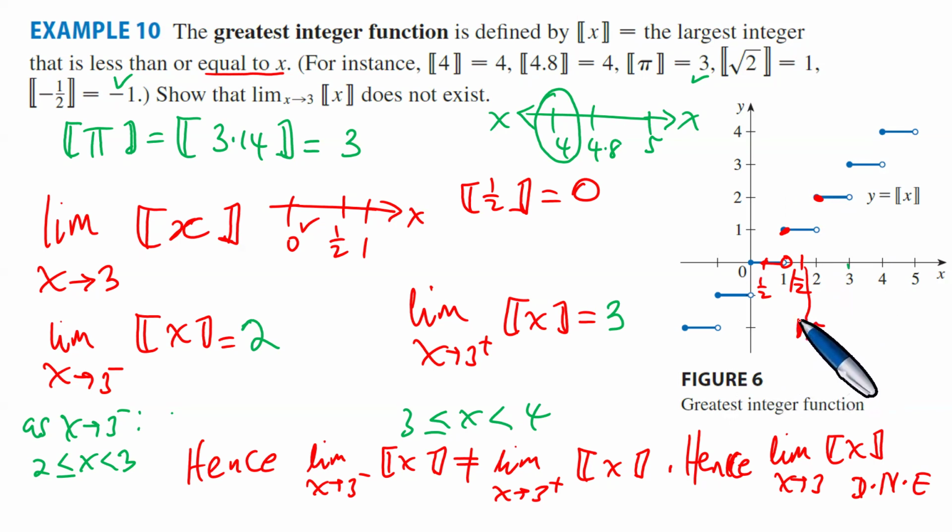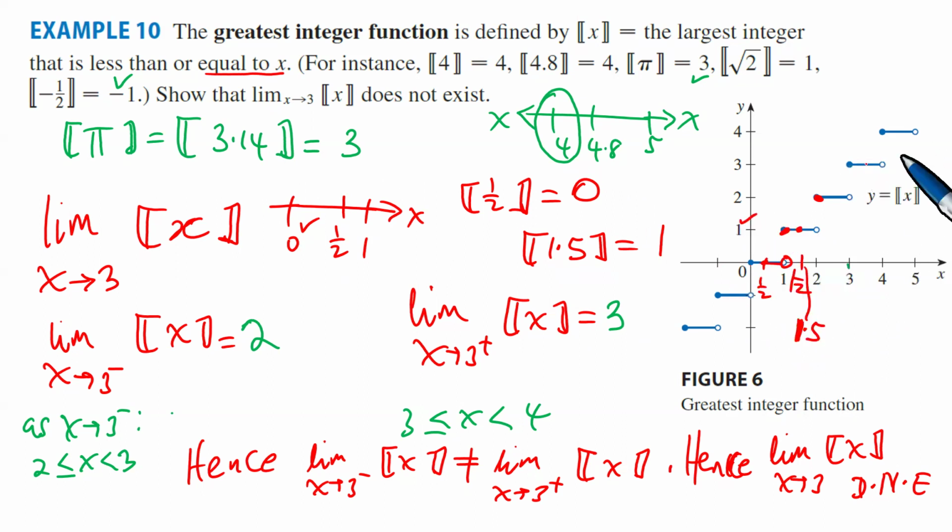At 1.5, what will the greatest integer function of 1.5 be? What do you think that one is, Atlehang? The greatest integer is the counting number that is less than or equal to x. In this case, less than or equal to 1.5, what is it? 1. Excellent. So at 1.5 here, the function becomes 1.